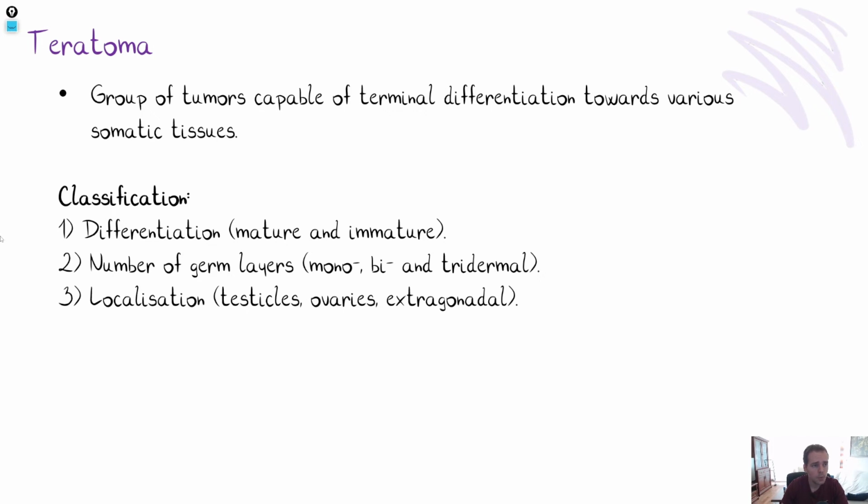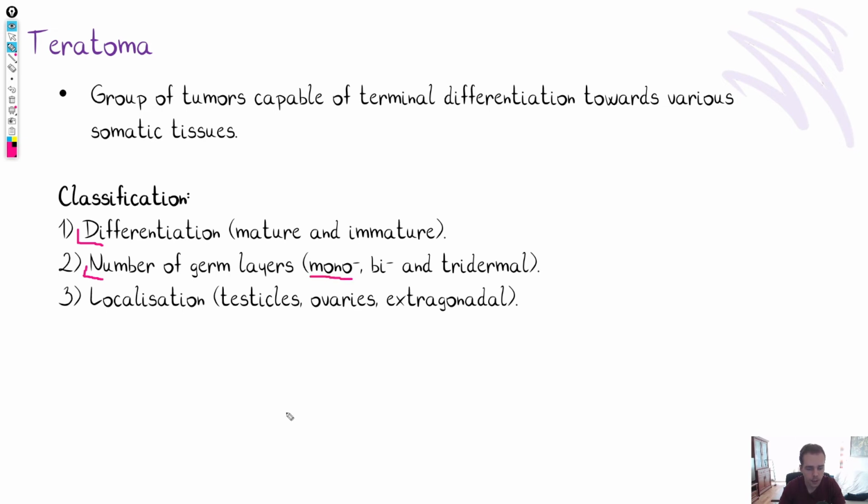Maybe the most important subclassification of teratomas is according to their differentiation to mature and immature, as we will discuss in a minute. We can also subclassify it according to the number of germ layers which they form. If all the tissues in teratomas are from one germ layer, for example, ectoderm, we call it monodermal teratoma.